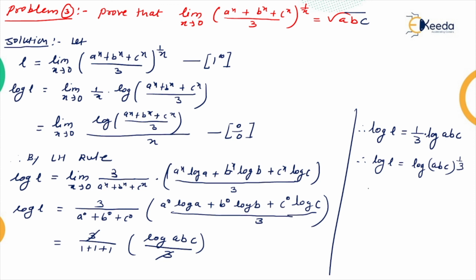Therefore comparing, if log L is equal to log of (abc) raised to 1 by 3, then the power is also 1 by 3. There is a little change in the question: we have to show that it is (abc) raised to 1 by 3.